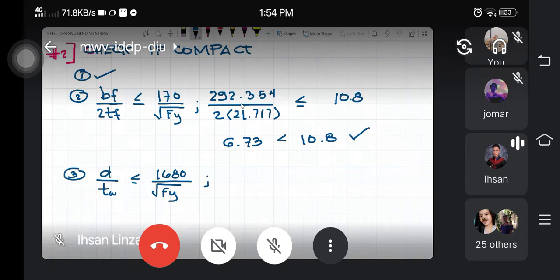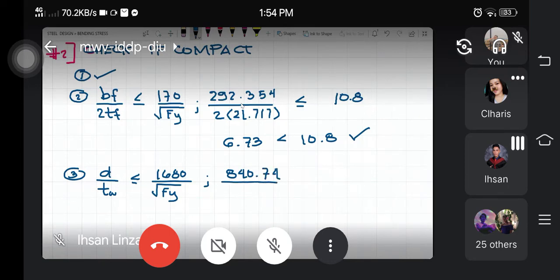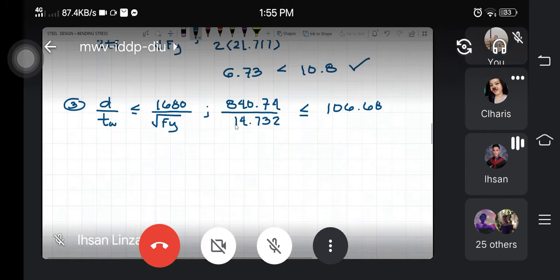So what is the depth, ma'am, of the section? 840.74, sir. All over the web thickness, 14.732, sir. So dapat less than siya into 106.68. That is 1,680 all over square root of 242.